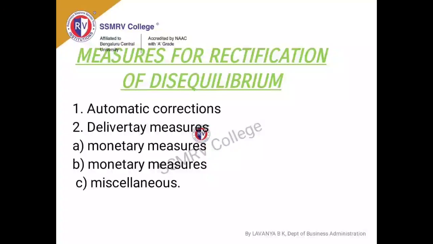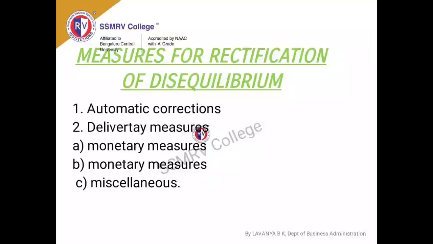And the second measure is deliberate measures. You have three deliberate measures under that: monetary measures, trade measures, and miscellaneous measures. Monetary measures aim at reducing imports through reducing money supply. Like, you want to have control over the money flowing into the economy, so by controlling it, you reduce the imports you used to go for before.